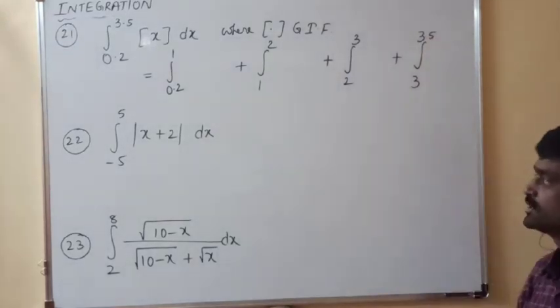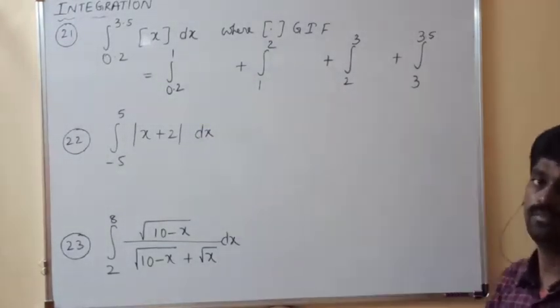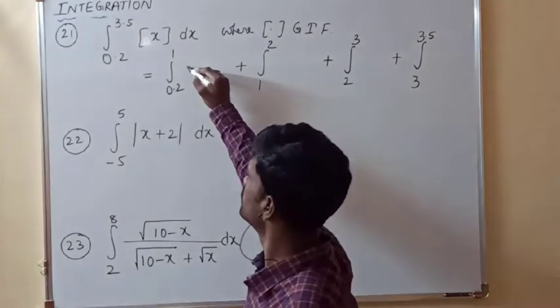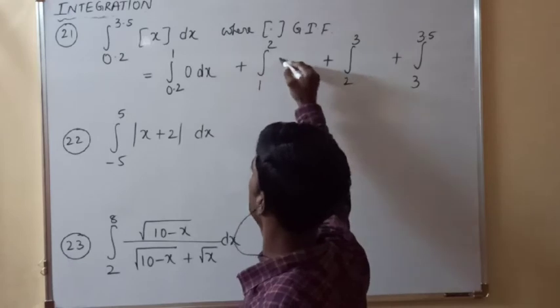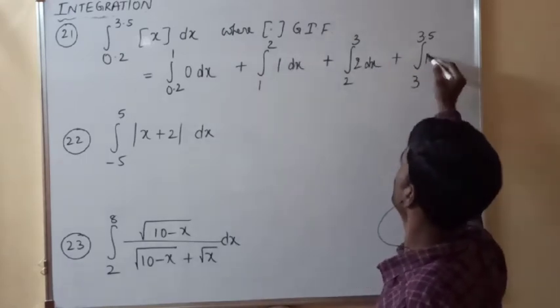Now in the first integral the limits are 0.2 to 1. In that interval x is lying between 0.2 to 1, so step x value becomes 0. So here 0, next you will get 1, next you will get 2, next you will get 3.